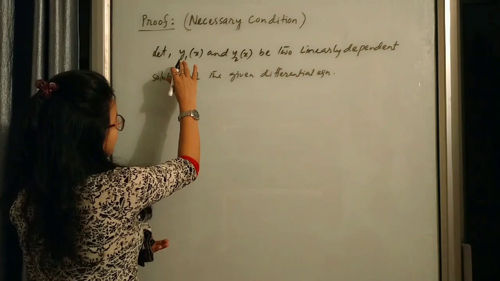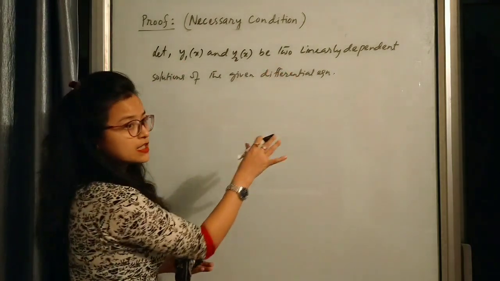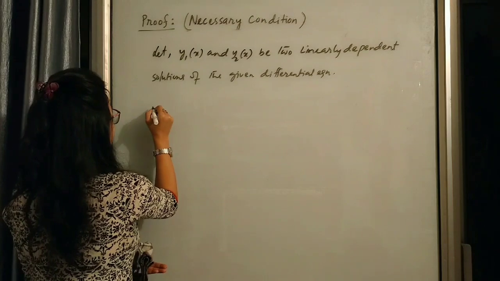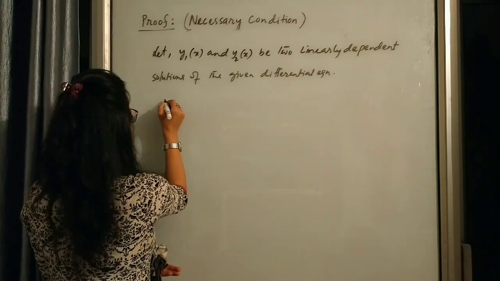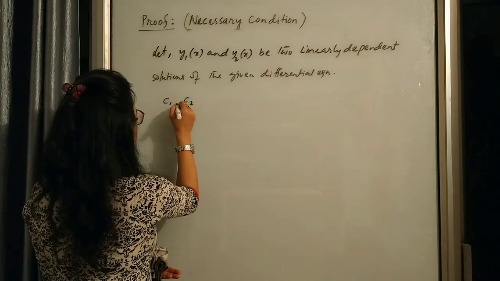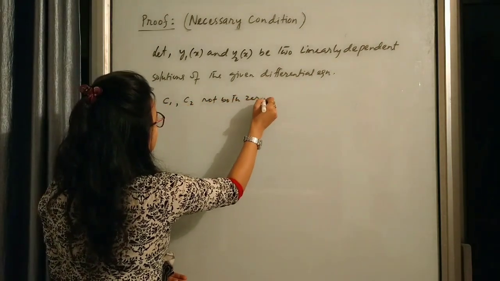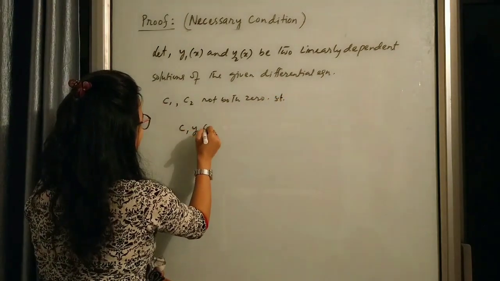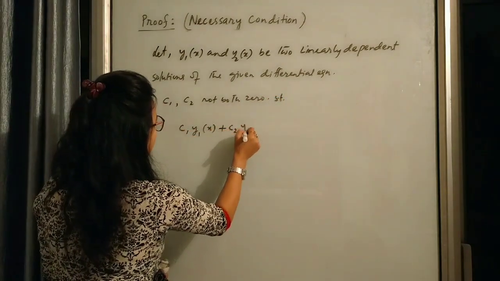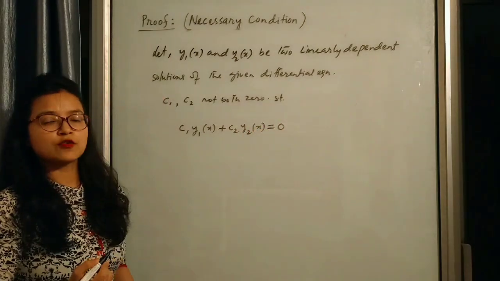As we have considered here y1(x) and y2(x) are linearly dependent, therefore by the definition of linear dependence, we will get two constants c1, c2, not both 0, such that c1 y1(x) plus c2 y2(x) is equal to 0.